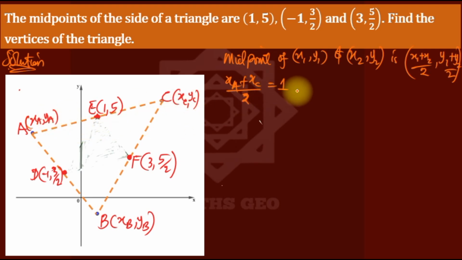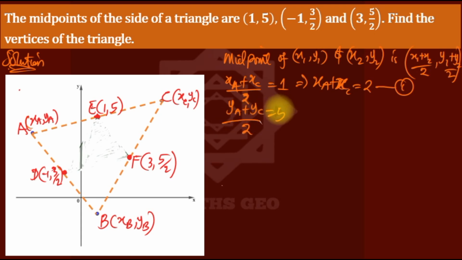So which implies that XA + XC = 2, let's call it equation 1. Again, the y coordinate, (YA + YC)/2, is 5, which implies that YA + YC = 10, equation 2. So we are done with AC. Let's move to AB.